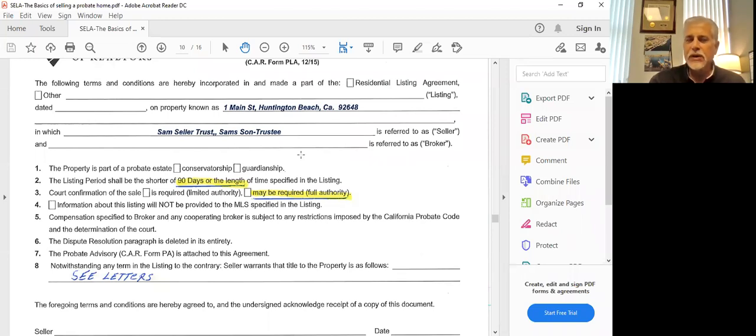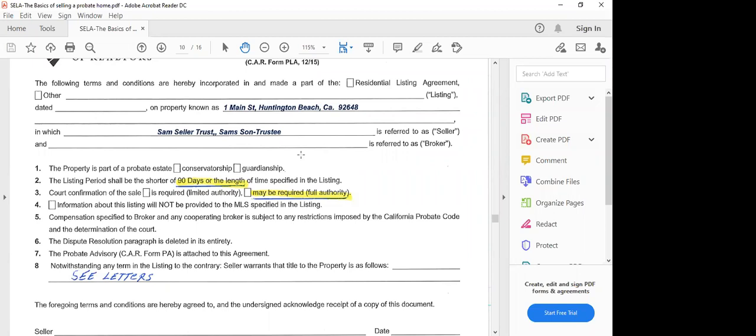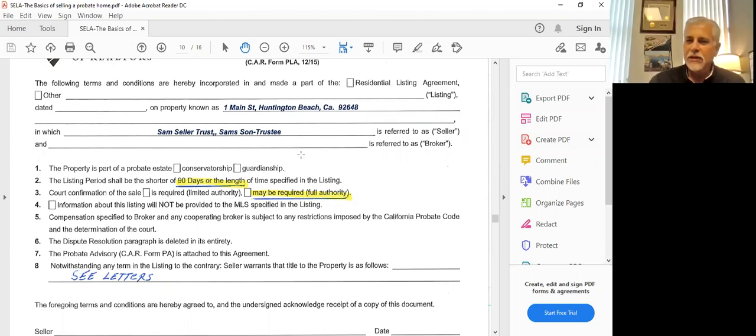I had one where we were in limited authority in the court, and the last name was Zimmerman with 2 M's and 2 N's, and the attorney had only put 1 M, and they threw it out, and we had to start all over again. It has to be exactly the way it's on the letters, because the court looks at that as we're notifying all the creditors on these names. So if it's misspelled, you're done.